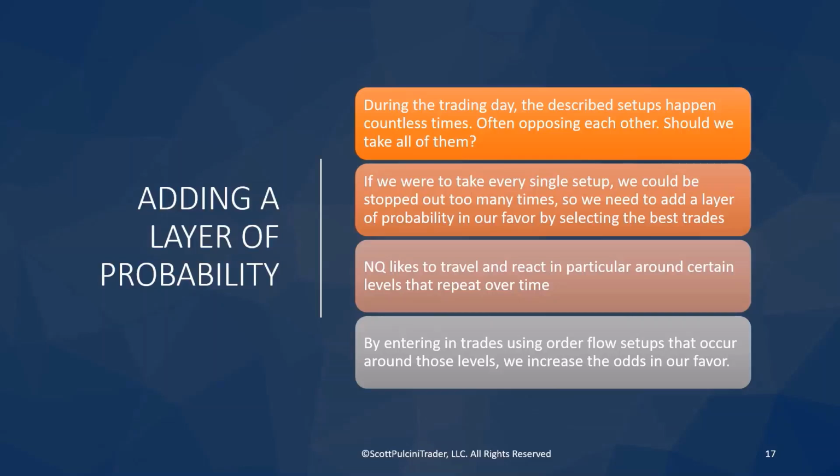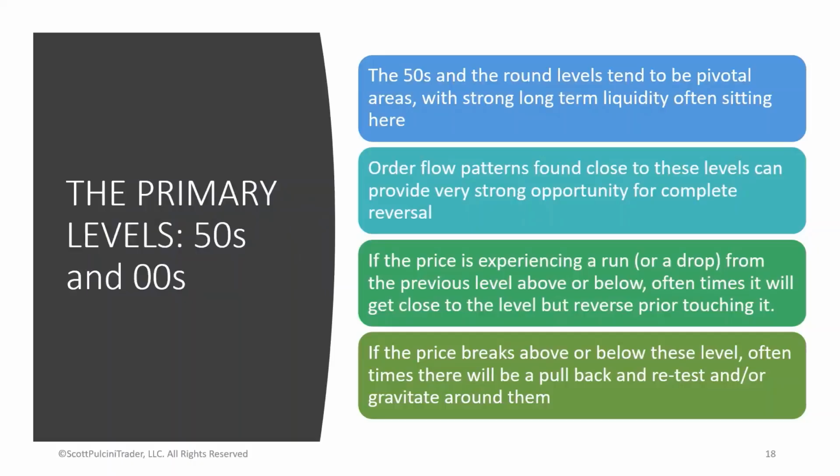Since NQ likes to travel and react around particular levels that repeat over time, by entering the trades using these order flow setups that occur around those levels, we do increase the odds in our favor. Okay, so let's look at those levels.